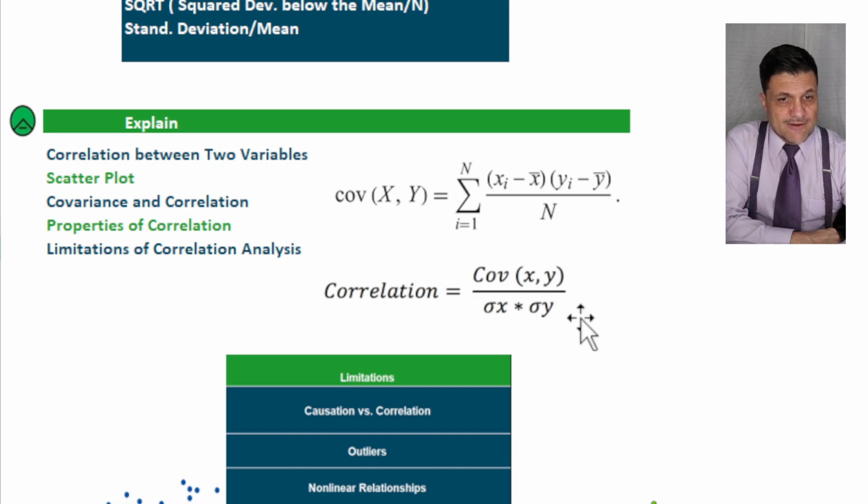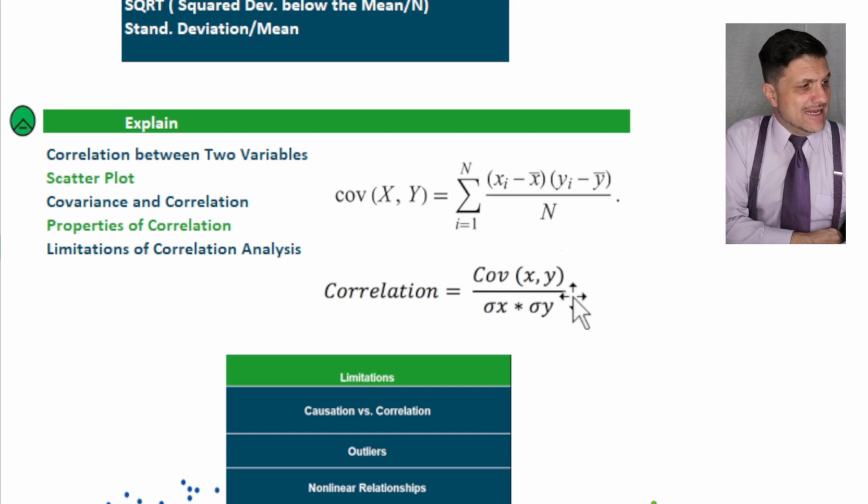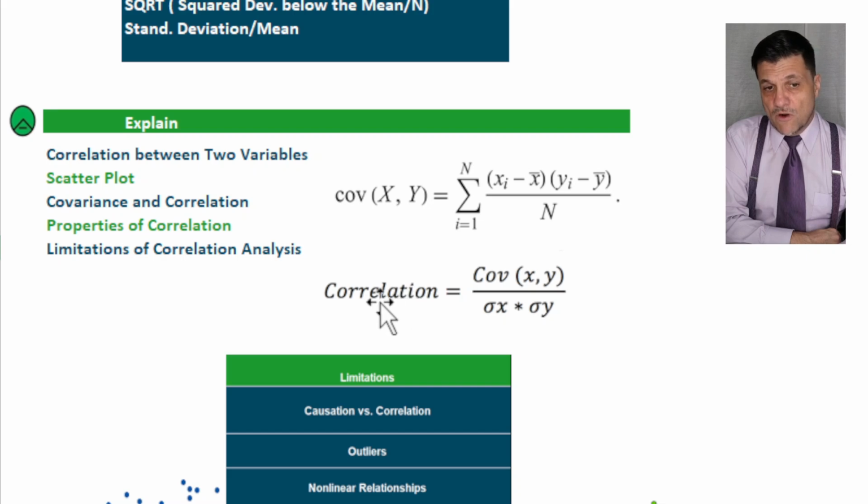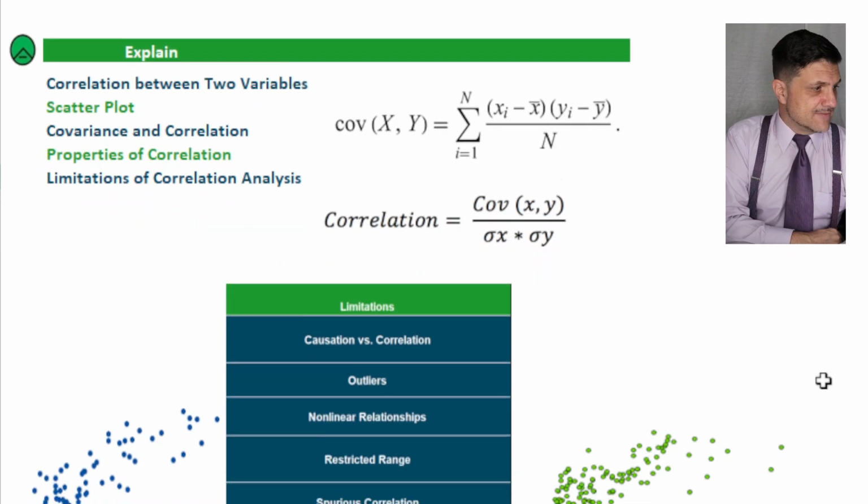That formula is the covariance divided by the standard deviation of the first variable multiplied by the standard deviation of the second variable, with the covariance of x and y in the numerator. That gives you the correlation. Or if you multiply the correlation by the standard deviations, you get the covariance. Put the formula in your pocket because it's important.